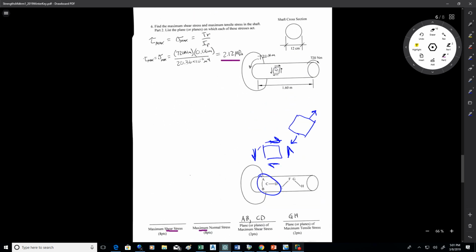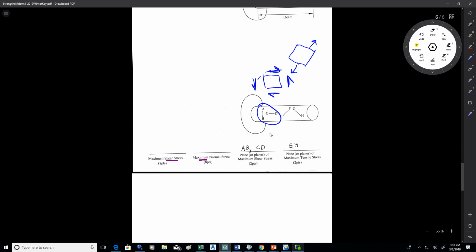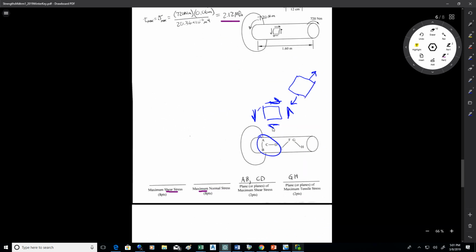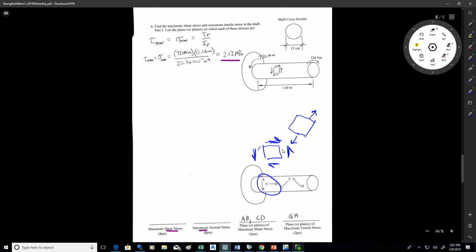Now, the shears act on the 0 and 90 degree planes. That's the maximum shear stresses, so that's planes A, B, and C, D. The normal stresses act at 45s to that. Now, when we build the biaxial element for this, we're rolling the shaft up as shown with 720. That will correspond to a shear stress on that side like that, so it goes the opposite direction on the far side.